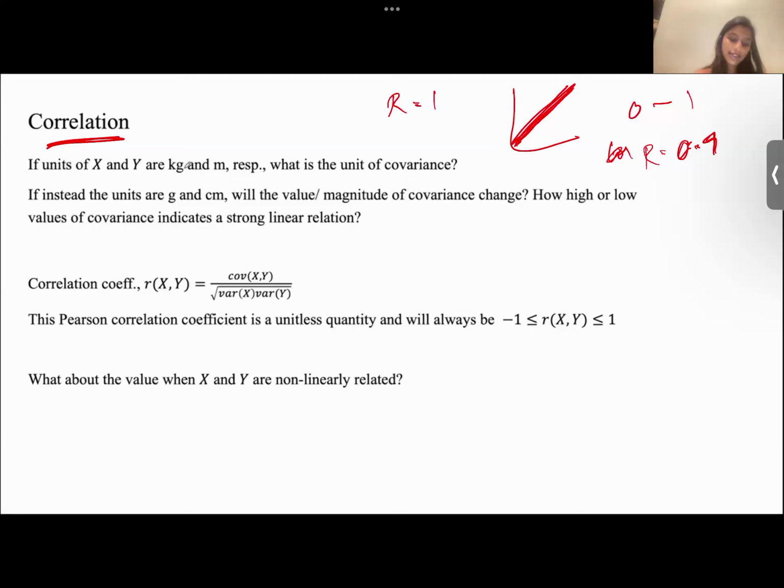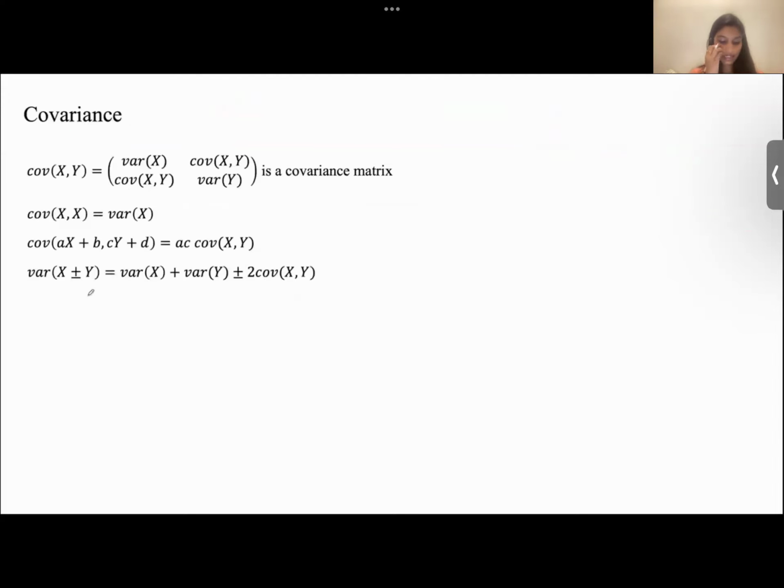If you get anything close to 1, it's good. If you have a correlation coefficient of 0.2, it means a very weak correlation. And you could also have -1, which means a perfect negative correlation. So correlation tells you both direction and magnitude, whereas covariance tells us only about the direction.